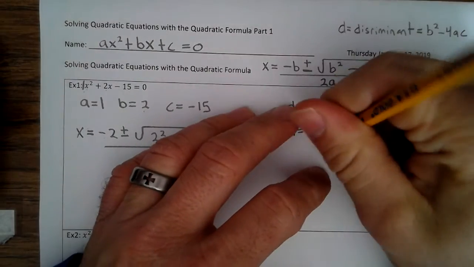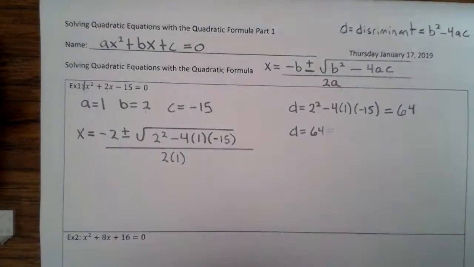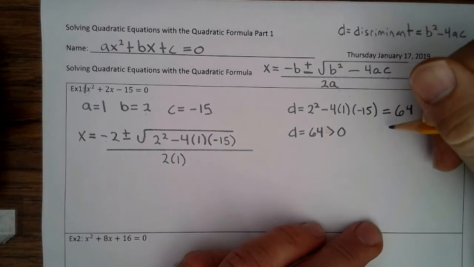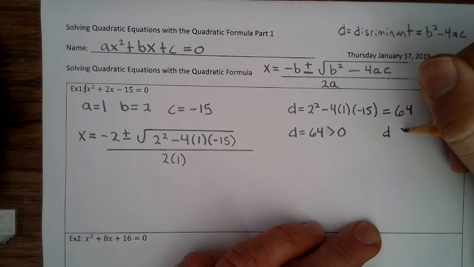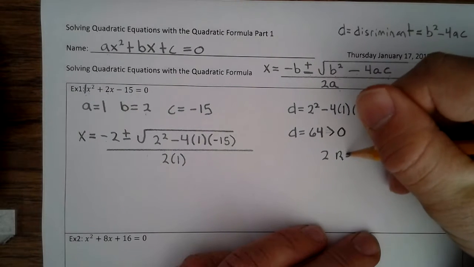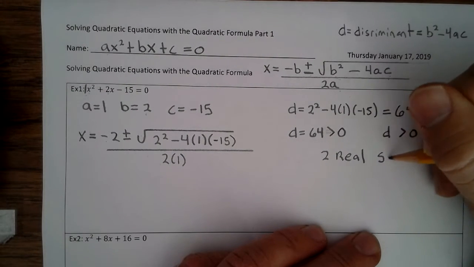Which we know is greater than 0. So when the discriminant is greater than 0, we know that there are two real solutions.